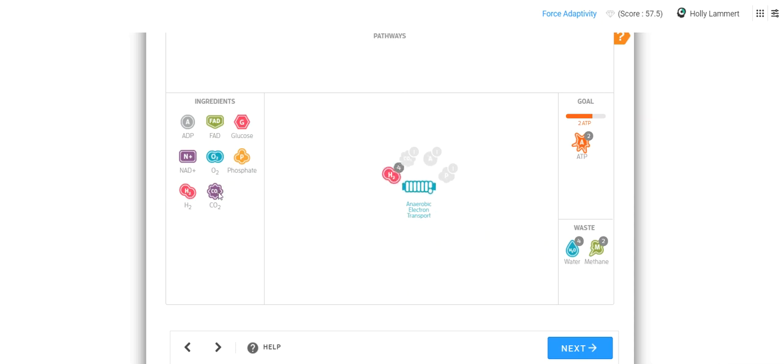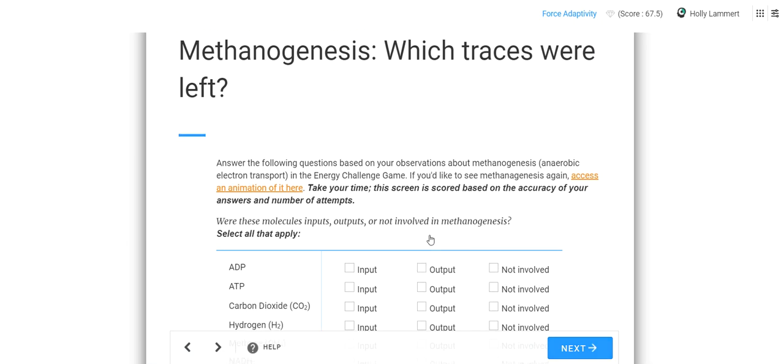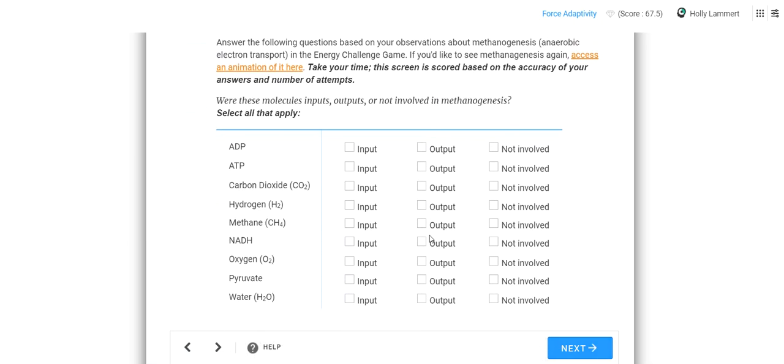So these hydrogens are bonding with that carbon dioxide, taking 1 ATP and 1 phosphate. Cool, we did it.